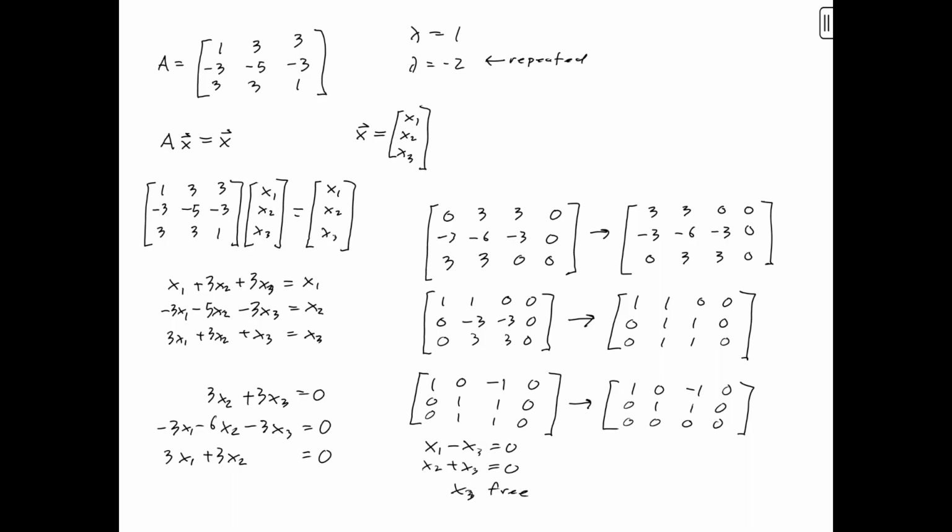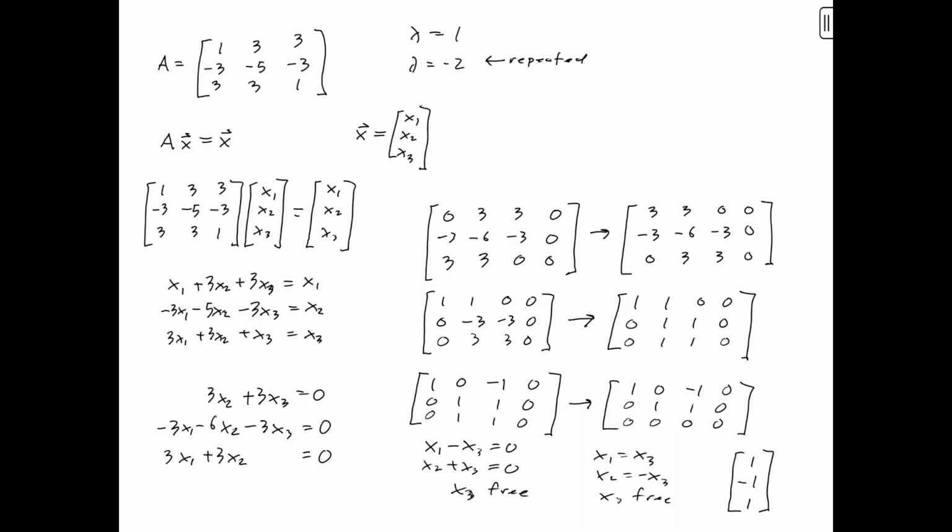So x1 equals x3, x2 is equal to negative x3, and x3 is free. So an eigenvector associated with lambda equal 1 is going to be, plugging in anything I want for x3, I'm going to pick 1, and I'm going to get the vector 1, x2 is negative 1, and x1 is just x3.